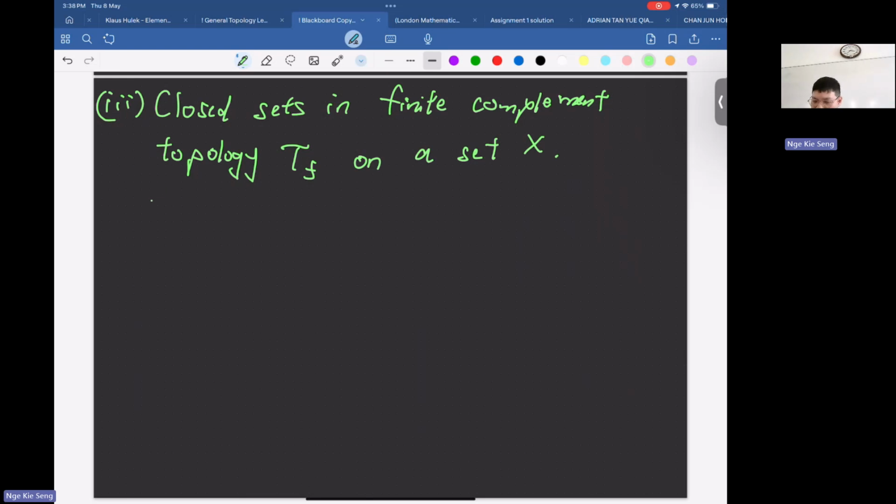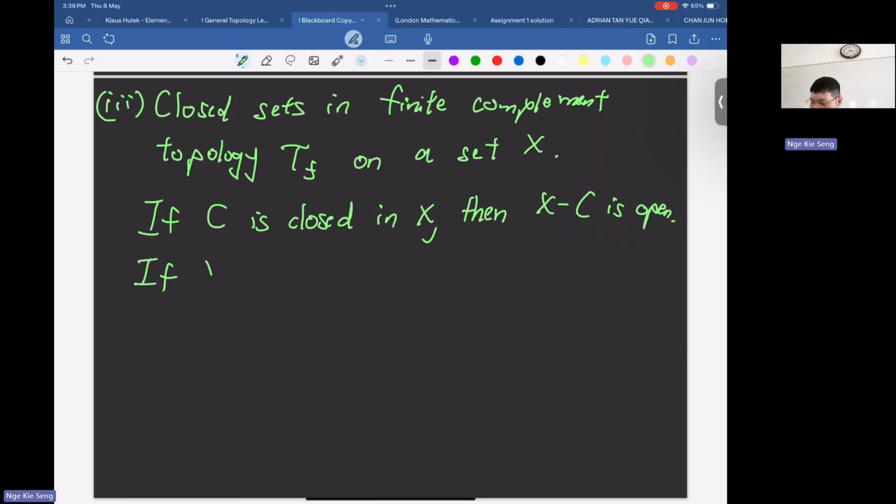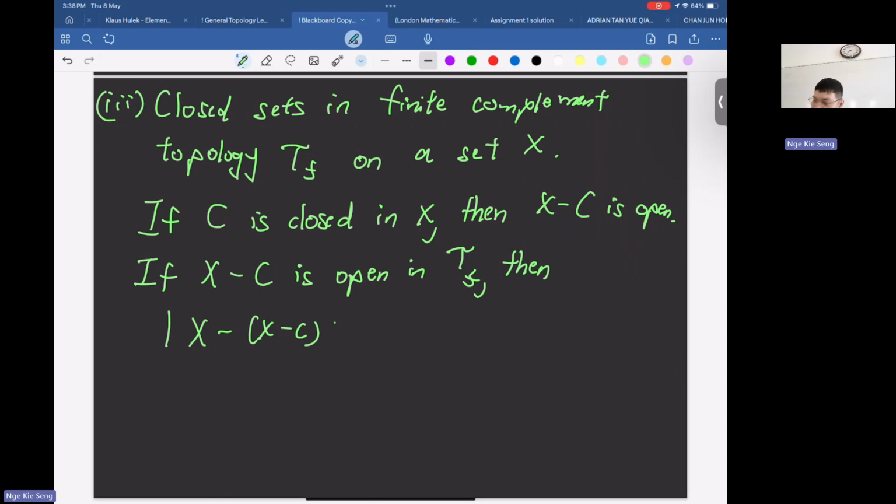What does a closed set mean here? If C is closed in X, by definition the complement is open. But let's recall what open means in the finite complement topology. There are two things you need to check: either the complement of this set is finite, or the complement is the whole set.